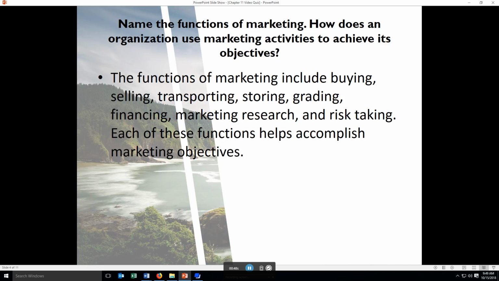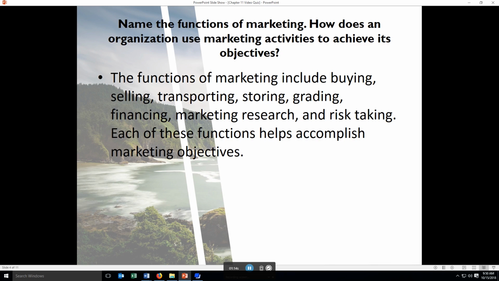Now, marketing has different functions, as we can easily see here. So we're going to name the functions of marketing and then answer the question, how does an organization use marketing activities to achieve its objectives? The functions of marketing include buying, selling, transporting, storing, grading, financing, market research, and risk taking.